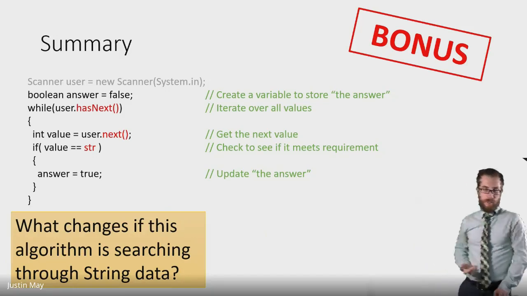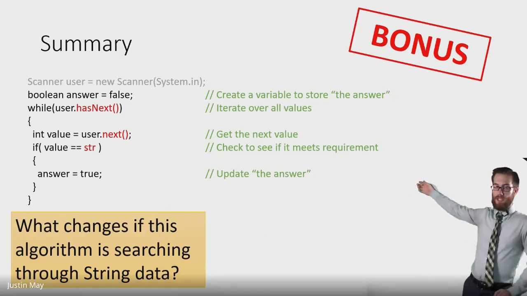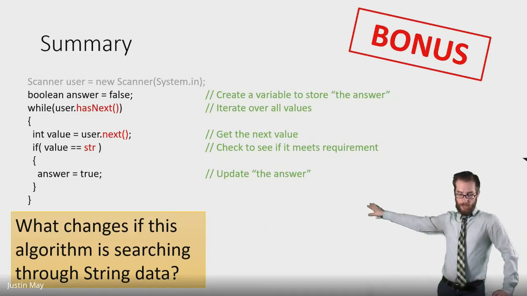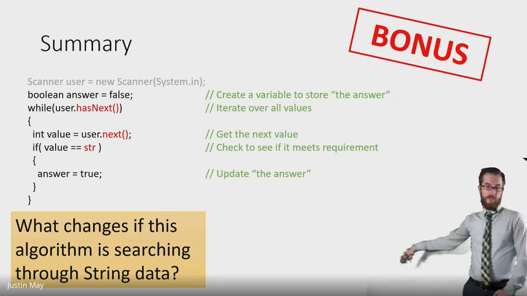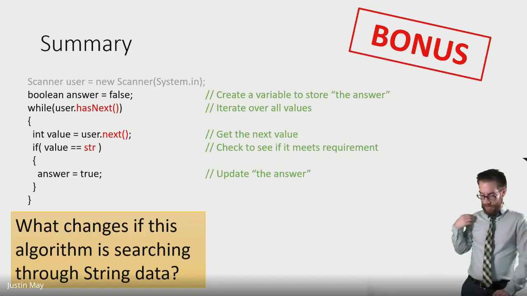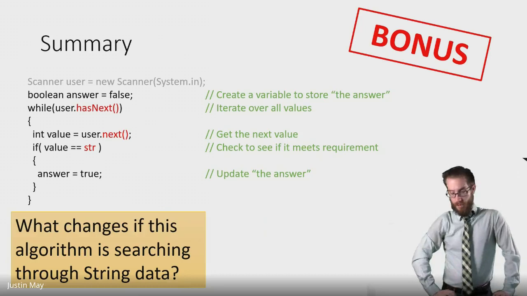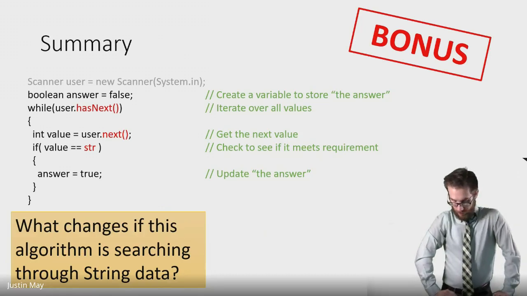And then instead of using x as what they're typing, I changed to str. So we're saying if the value the user typed is str, then change the answer to true. So this would answer the question, did the user type this particular word? Did we find this word in the series of words?